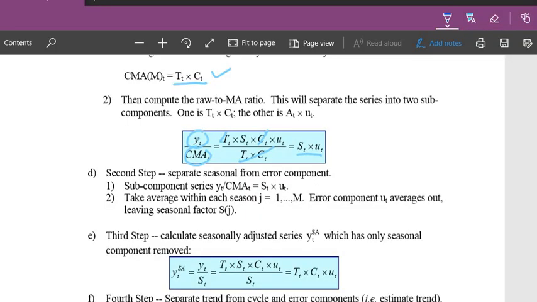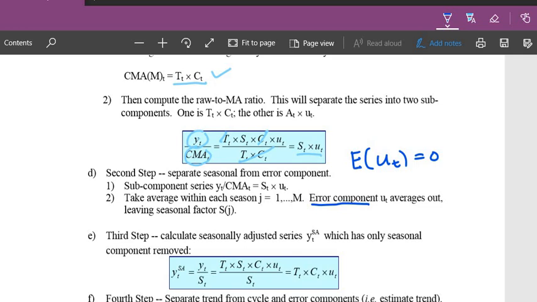Next step, we want to take the average of each seasonal, and when we take the average, the error component will average out. We know that the mean of the error is equal to 0, or we can say that the expected value of the error here is equal to 0.